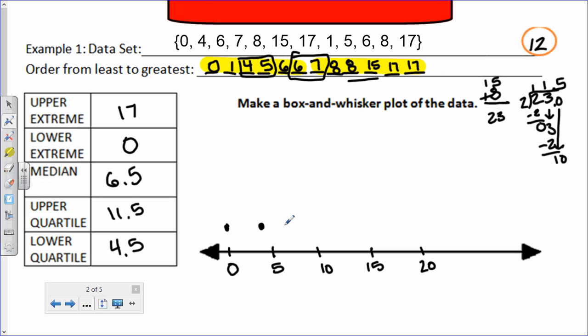Then 6.5 is going to be about here. 11.5 here. And 17 is about here. So in my 3 middle values, those get vertical lines. I'm going to attach them with boxes, and next I will draw my whiskers.